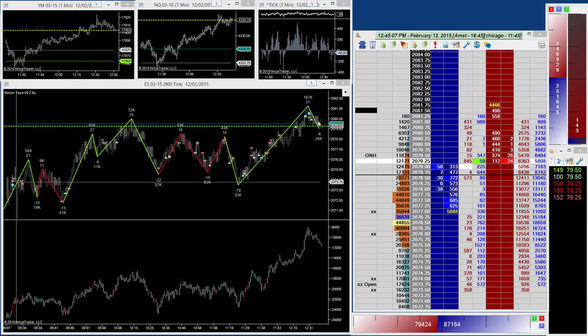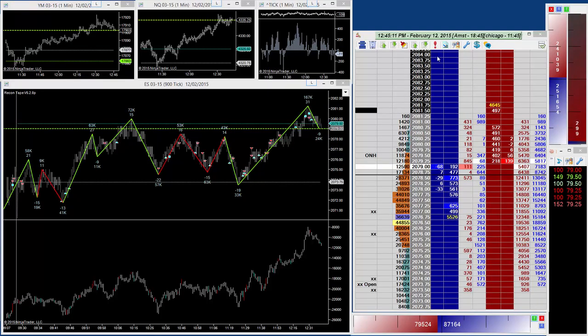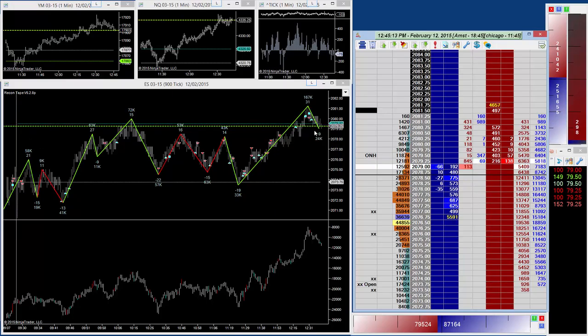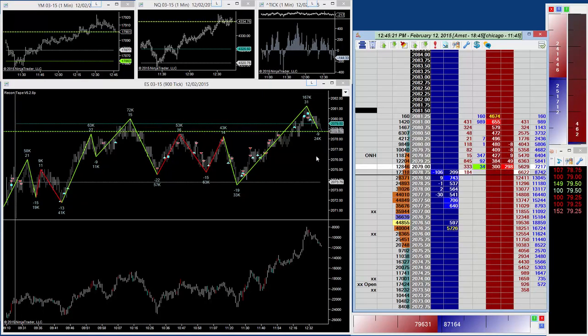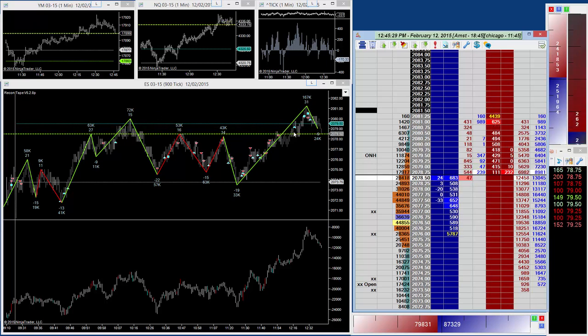This is the kind of action where, if you can find an entry now, this would be the kind of thing you need to see for a continuation trade. Now, obviously, we don't want to see it coming down to 2076. So let's just watch this develop. There's still a danger of falling into the range, obviously.